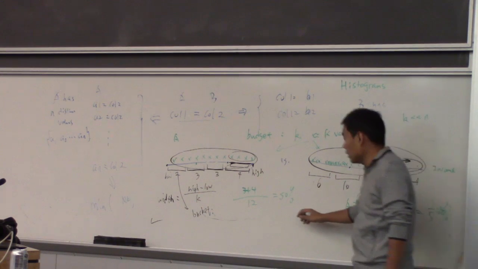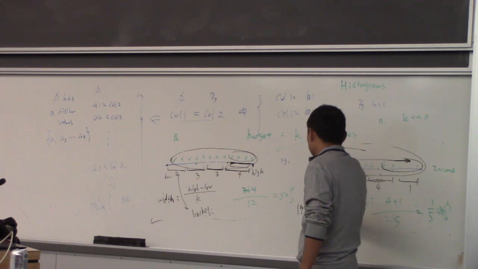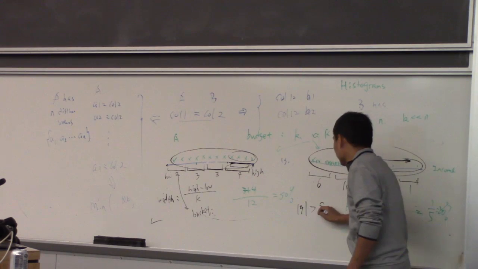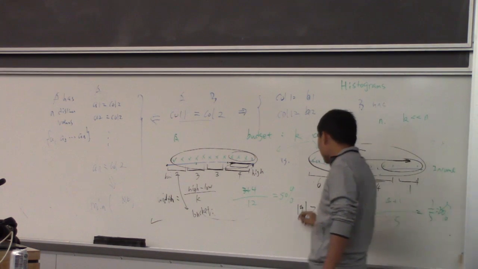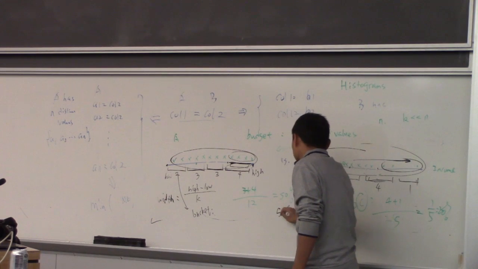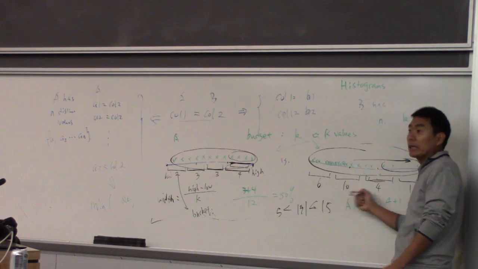So you know the query output is at least 5, but much less than 15, because you don't fully contain this bucket.